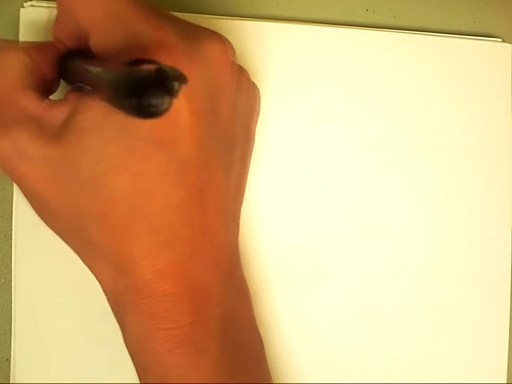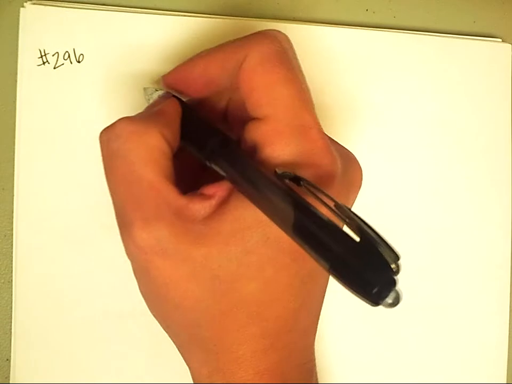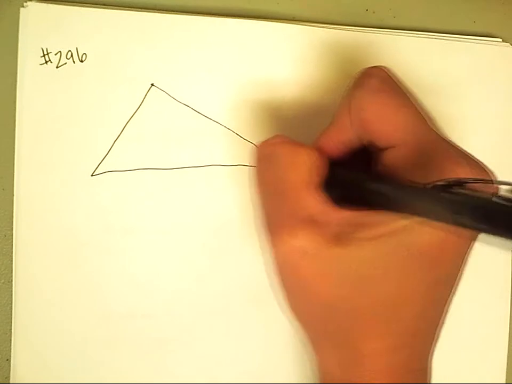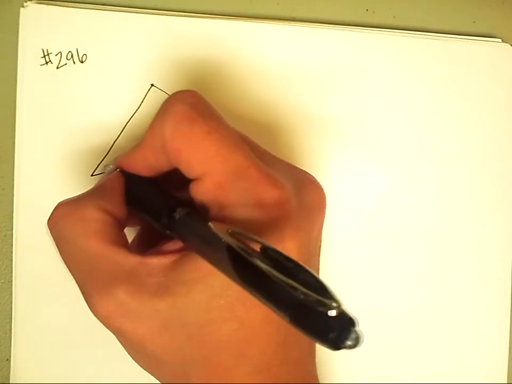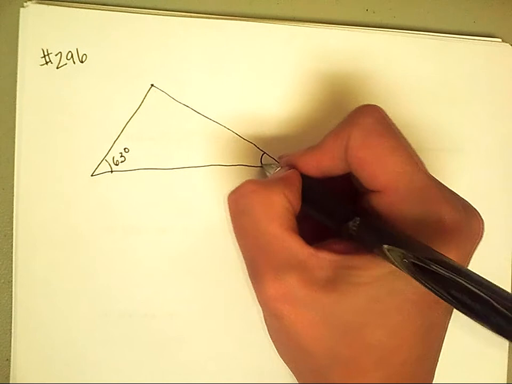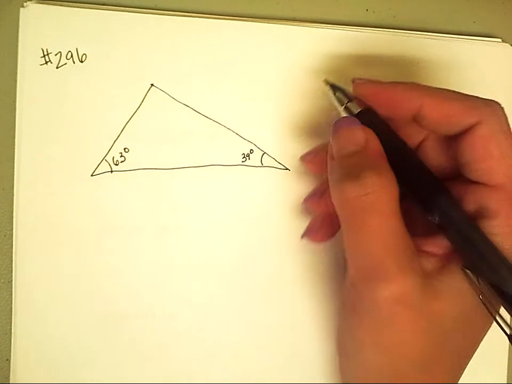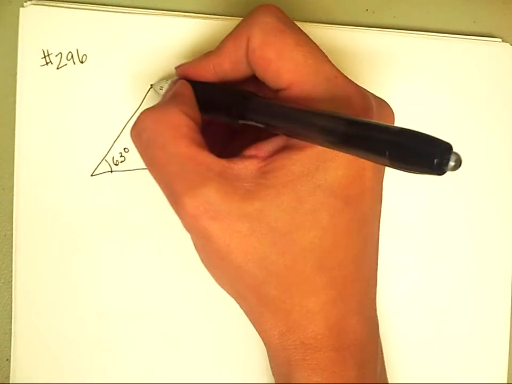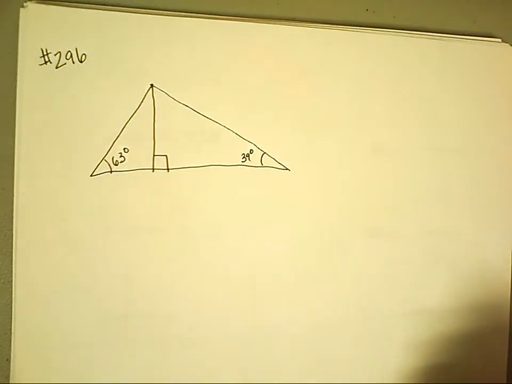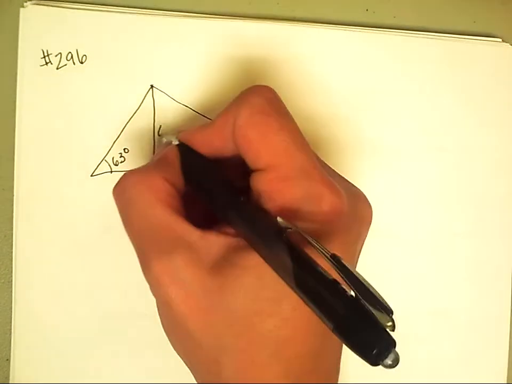Okay, let's do number 296. So in this case, here we have a triangle. This angle is 63 degrees. This angle is 39 degrees. They've dropped in altitude, therefore forming a right triangle.